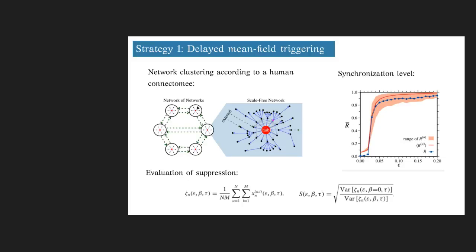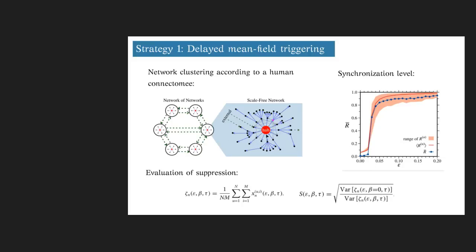We have a cluster of networks, or a network of networks, where the connection is given according to a human connectome, but each network that represents each cortical area is a scale-free network, represented in this panel with a blue background.